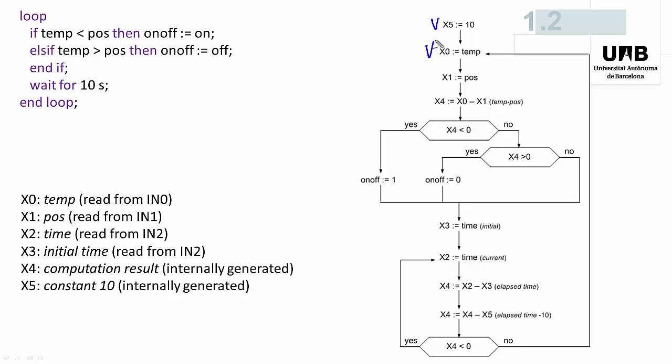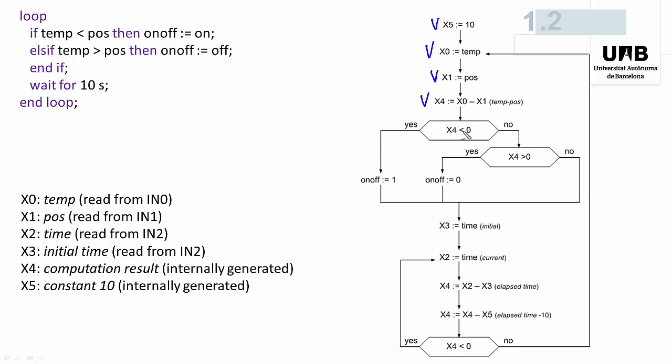After that, we read the value of the measured temperature and store it in x0. After that, the same with the selector position, we store this value in x1. Then we compute the difference x0 minus x1, that is to say, the difference between the measured temperature and the selector position.